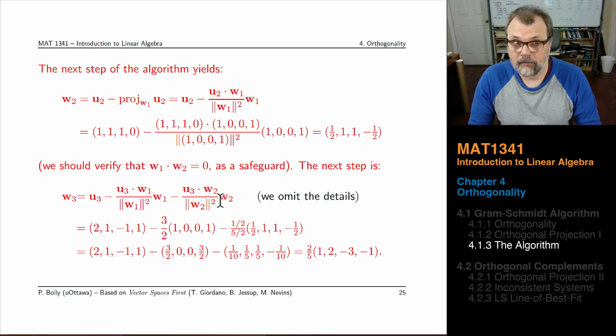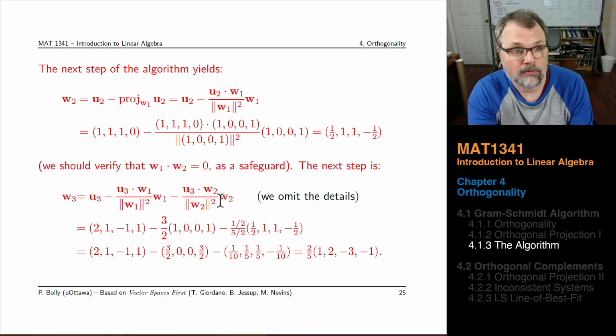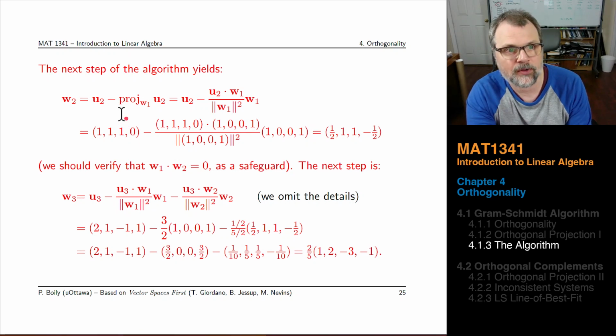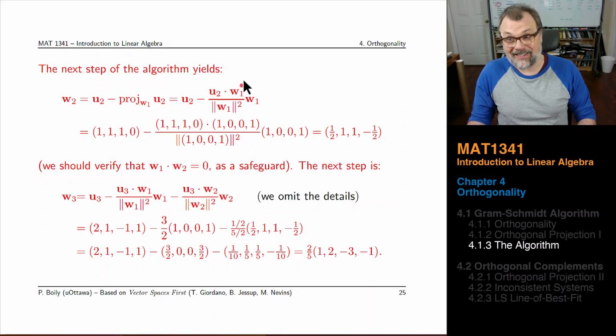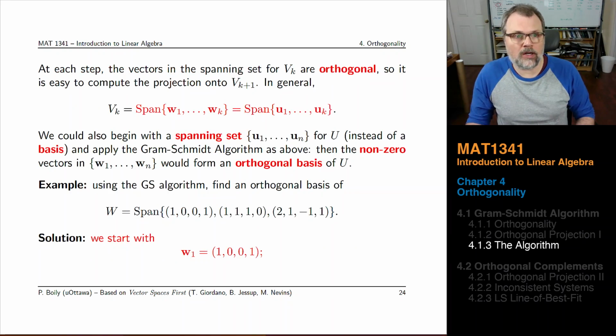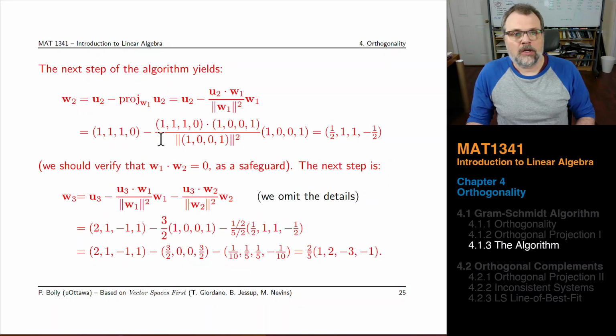And we know what these are, right? This would be (1, 1, 1, 0), that's the vector U2, minus, again, U2, (1, 1, 1, 0), dot W1, which we'd found in the previous step. Reminder, it's exactly the same as U1. So (1, 0, 0, 1) divided by the square of the length of (1, 0, 0, 1), and then you multiply by (1, 0, 0, 1).